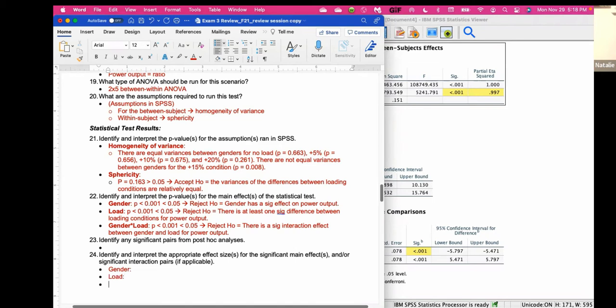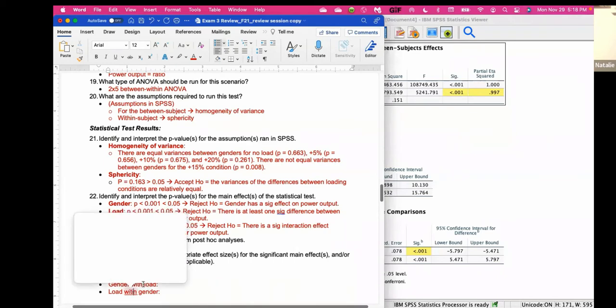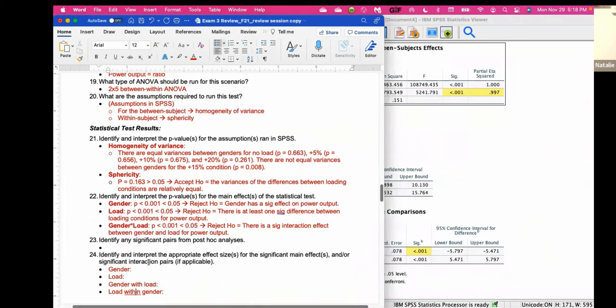We'll have pairwise comparisons for load. And then we'll have one set of pairwise comparisons for the interaction effect, where we're looking at differences between genders within each loading condition. And then we'll have another one that looks at differences between loading conditions within each gender.